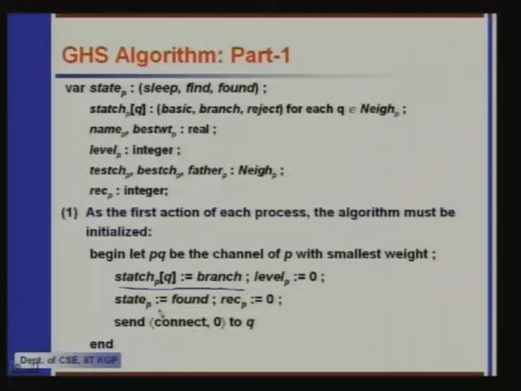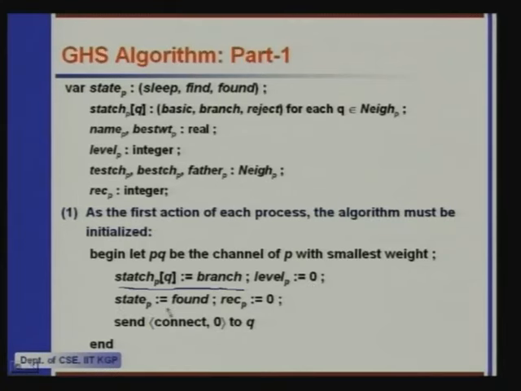So, the minimum cost edge incident on this node will have to belong to the minimum spanning tree, right. So, we set that edge to be a branch edge, which means it is part of the spanning tree, okay. And because this is a single node, we set level P equal to 0.